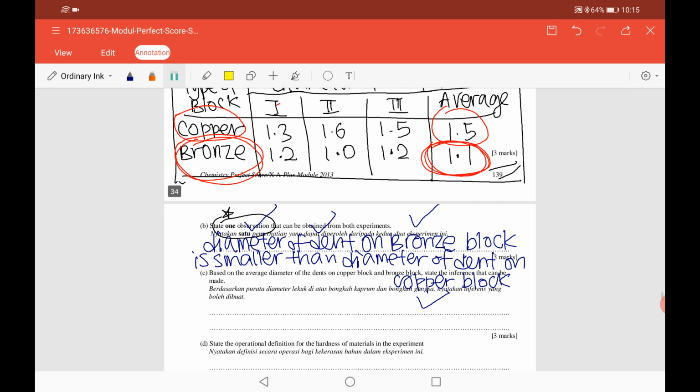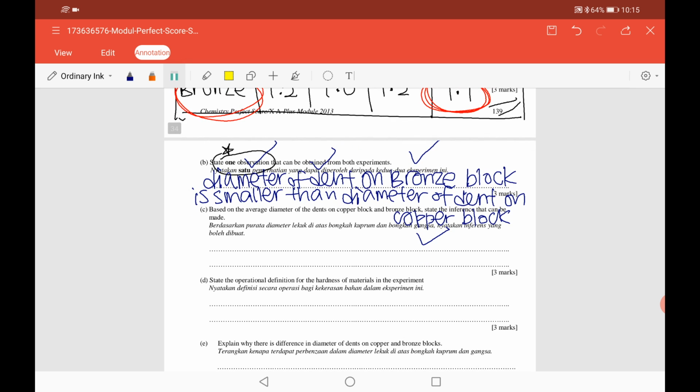Alright. Next one, back to something that I was talking about just now. Based on the average diameter of the dent, state the inference. So now we need to give an inference based on the diameter of the dent. Recall, what is inference?